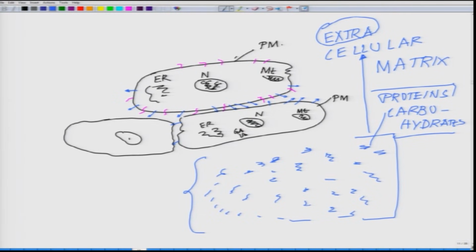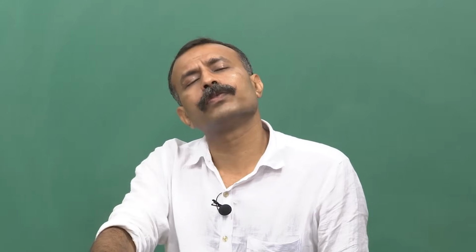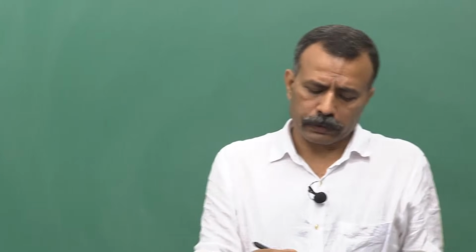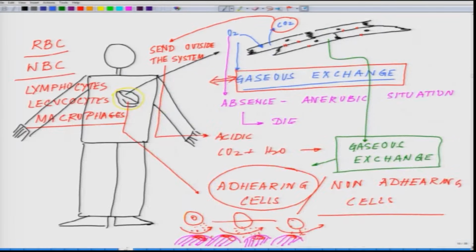Okay? So this extracellular matrix is a kind of, you can call it, the signature of the colony of cells. What do I mean by the colony of cells? Now let me come back to the previous diagram. So this is, I name it, the heart colony.